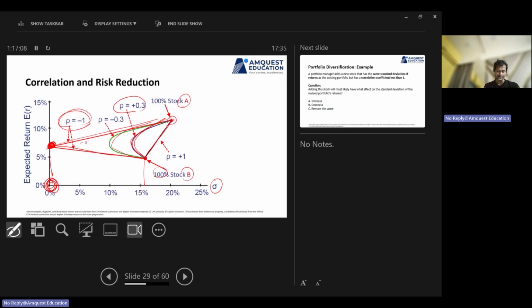Even if it's 0.9, it'll go something like this. But if it's -1, you can take it to 0. Clear? So this is important to understand that as the correlation becomes stronger negative, it will reach a point where it can touch 0. This is how correlation and risk go hand in hand.